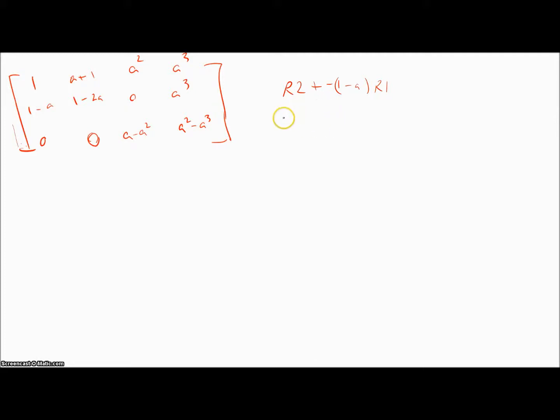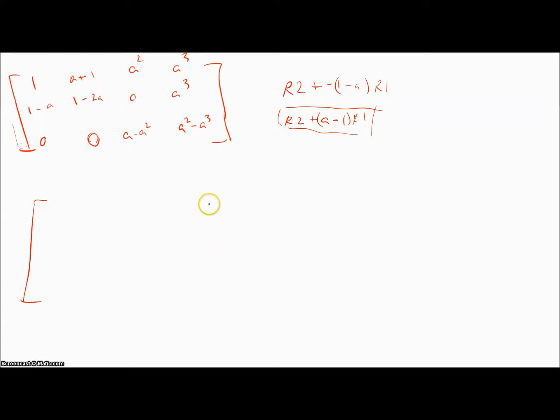In other words, this is row 2 plus, if I take that negative and distribute it, positive a minus 1. All I did was swap the a and the 1 and distribute that negative. So this is what I'm doing.